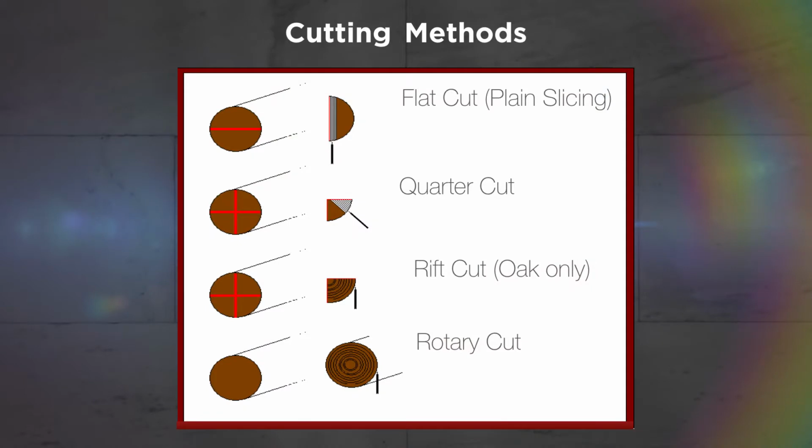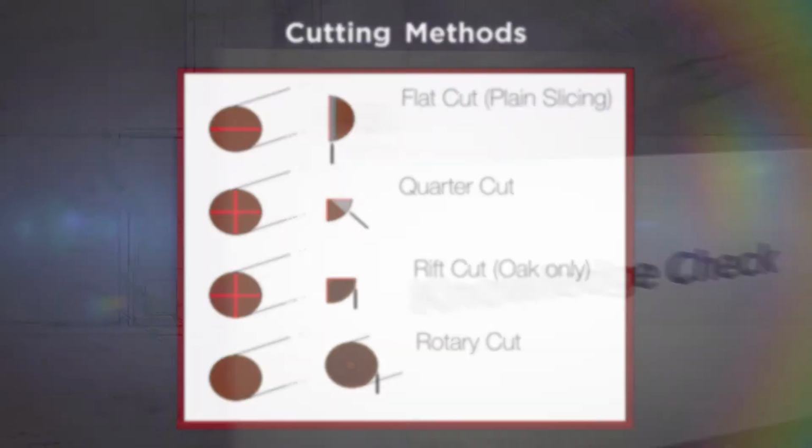The least attractive cut is a flat cut or plain slicing, and it's the most economical. The quarter cut or rift cut produces more waste, but can accent the natural grain of the wood. Rift cuts are mostly used for oak and can be done on other wood species. The rotary cut produces thin veneers used for plywood and other decorative surfaces.